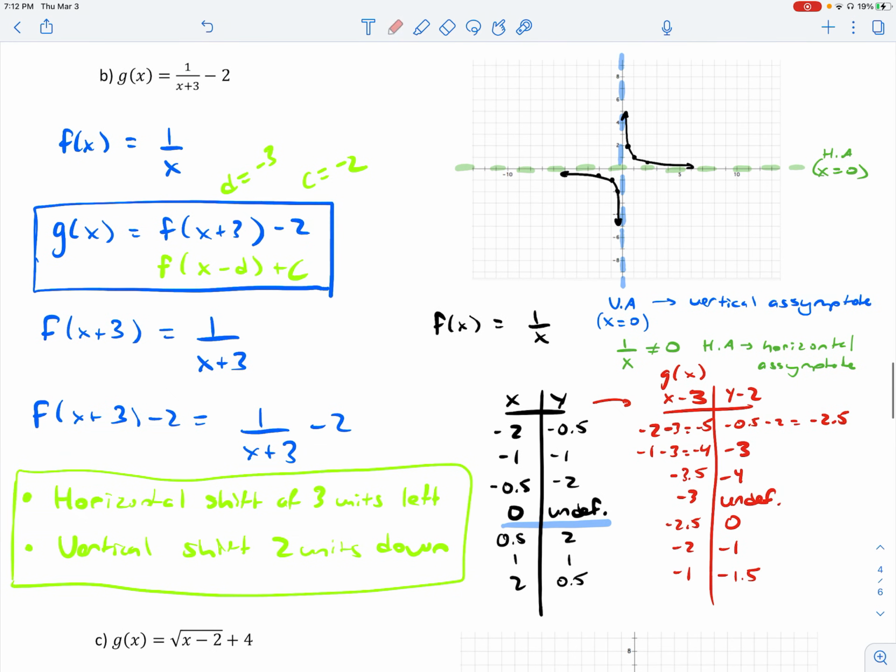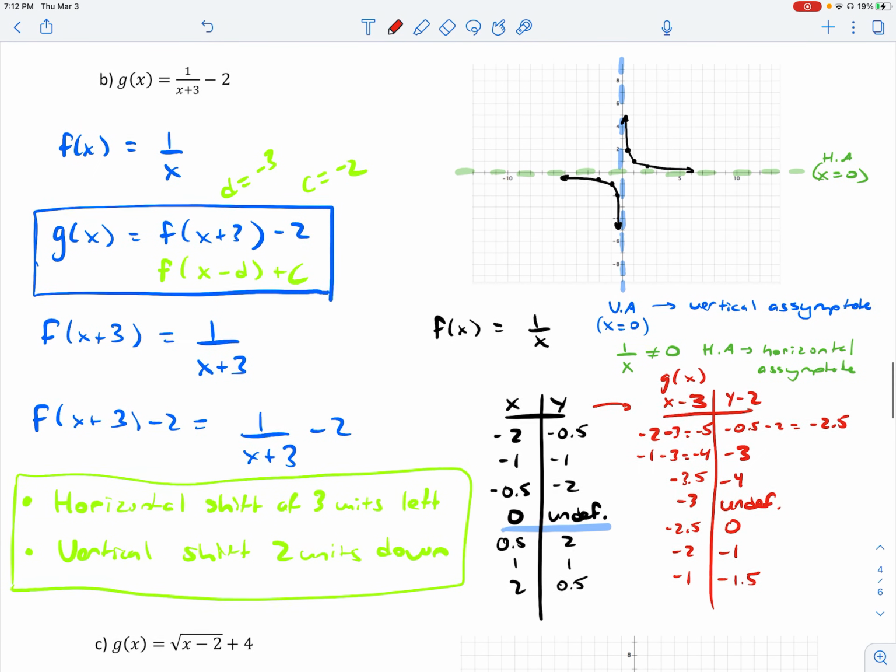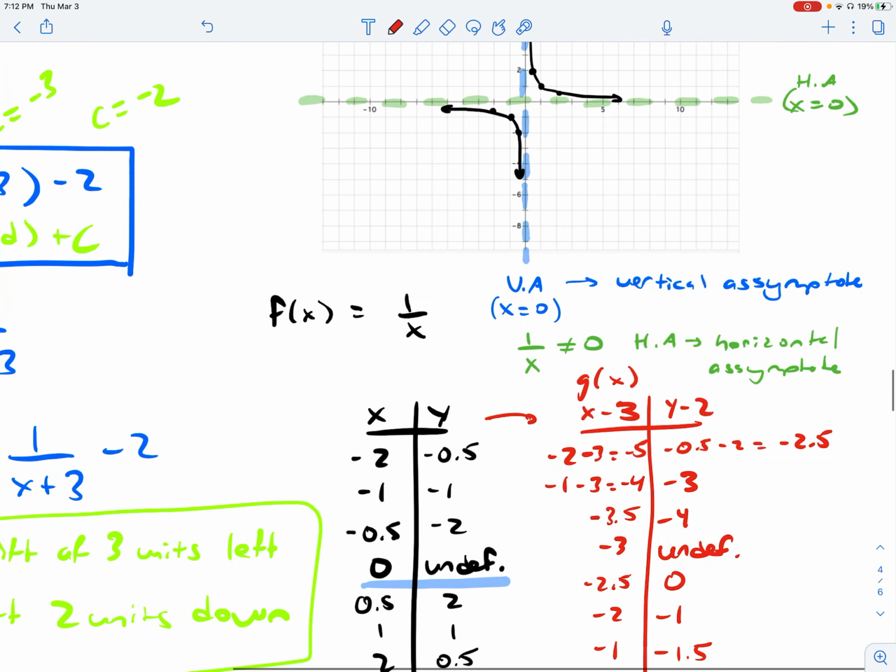Negative 5, negative 2.5. We have to zoom in a bit here. Negative 5. So we got 1, 2, 3, 4, 5. That's right here. Negative 5, and it's at negative 2.5. So that'll be right there.